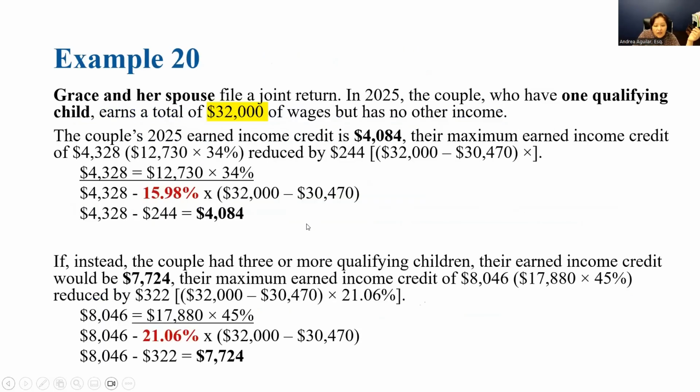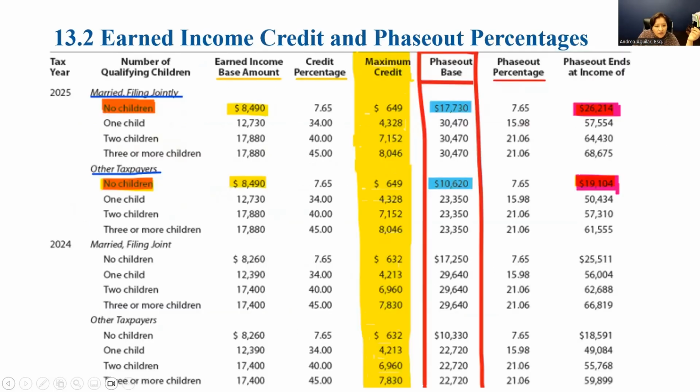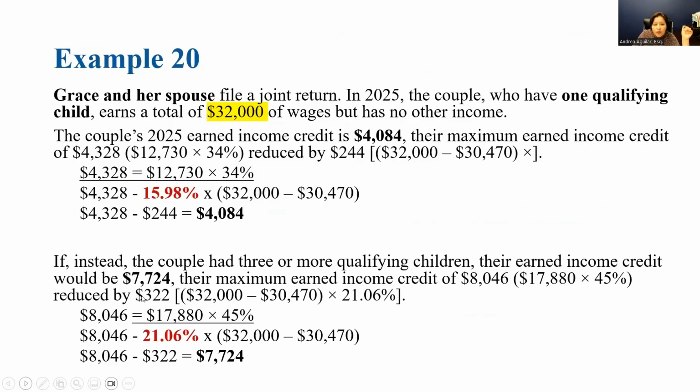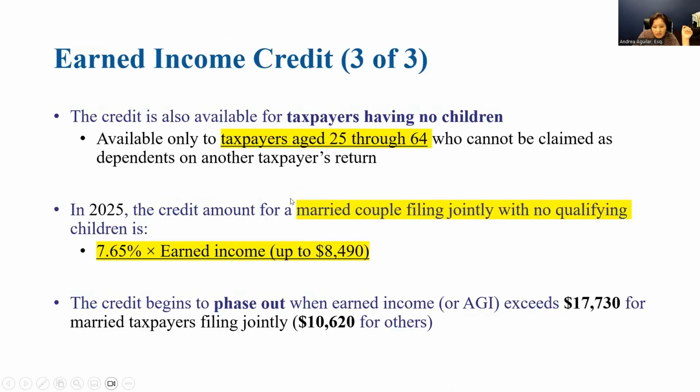Here, there's no age requirement for taxpayers with children. But whenever we're dealing with single taxpayers or any other taxpayers that have no children, we need to make sure that we satisfy the age requirement as well.